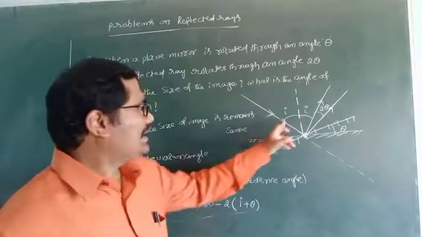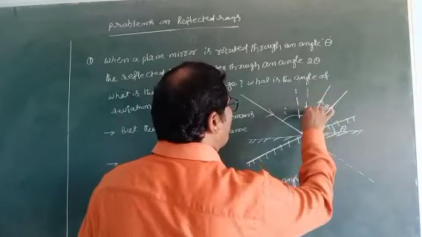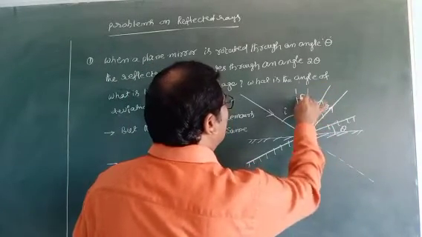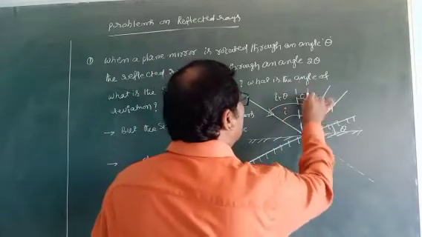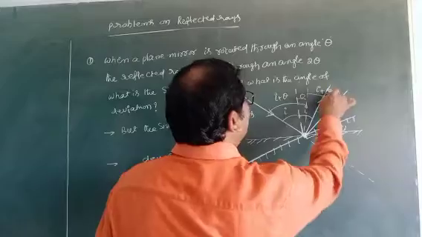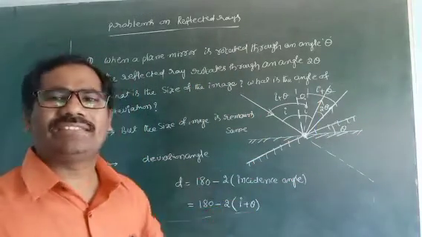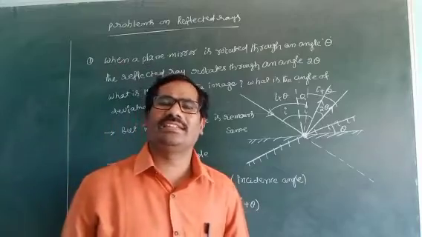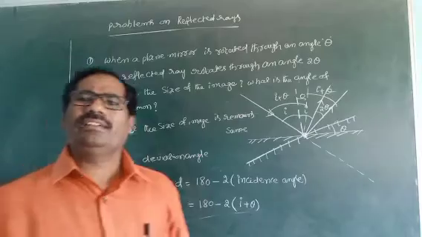Here the incidence angle varies with the second normal, which is also theta, so it is i plus theta. That means it is 180 minus 2 into (i plus theta). That is the deviation angle.